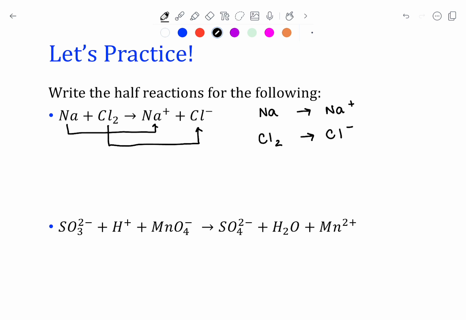So we show what each element or compound turns into from the reactant side to the product side, because what we can then do is start to balance those equations, both with stoichiometric factors as well as with electrons, to see where the electrons lie, to know if it's going to be an oxidation or a reduction half reaction.